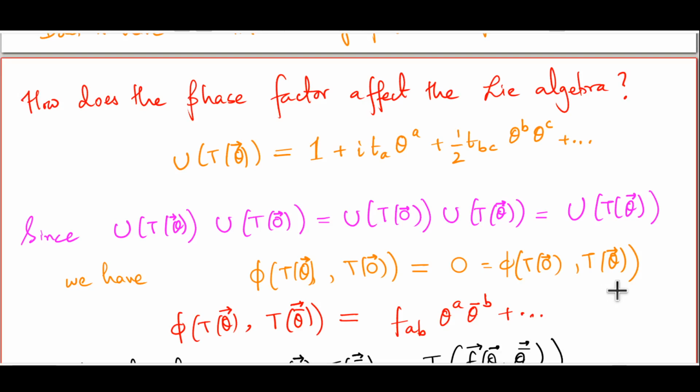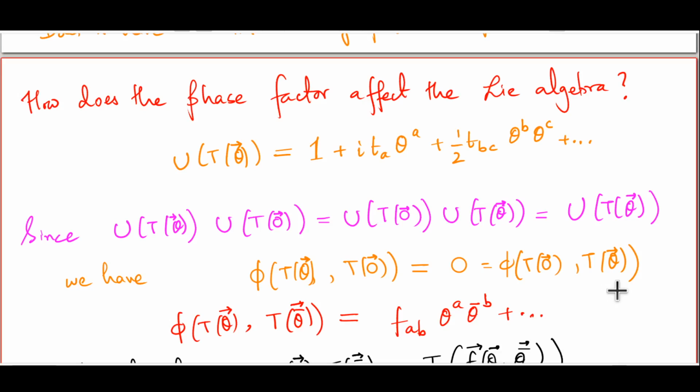Anyway, because of this demand that when one bunch of parameters vanish, phi must be 0, the form of phi of t of theta, t of theta bar, when we expand this out in powers of theta and theta bar, must be the following. The lowest non-trivial term must be quadratic and mixed. That is, it must be of the form F_AB theta^A theta bar^B, where F_AB are just some real numbers.